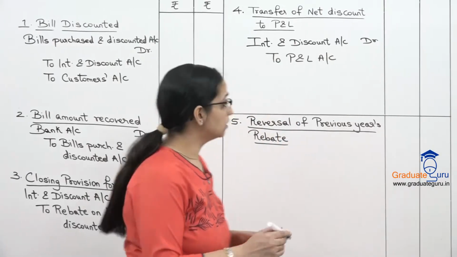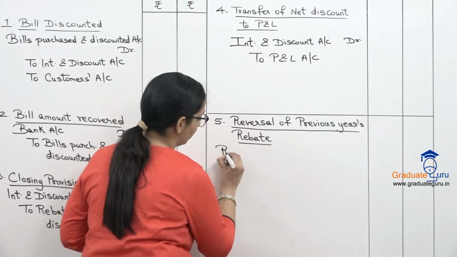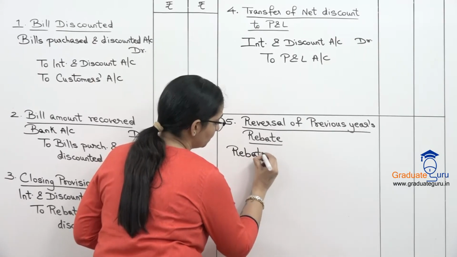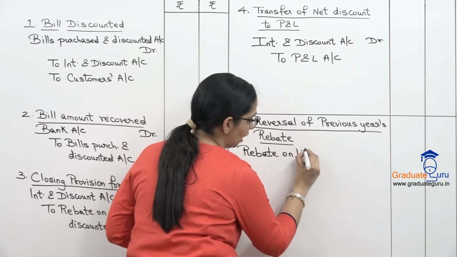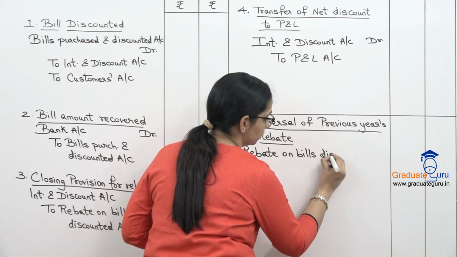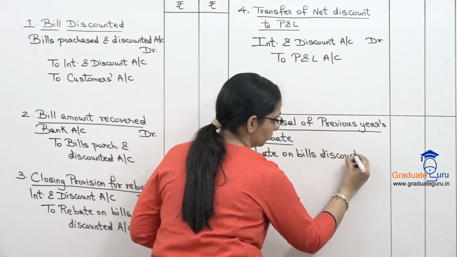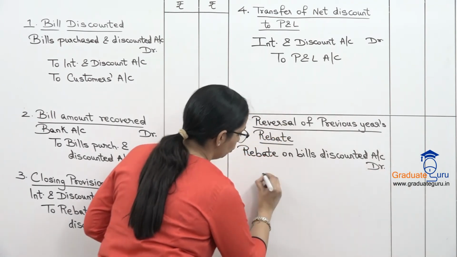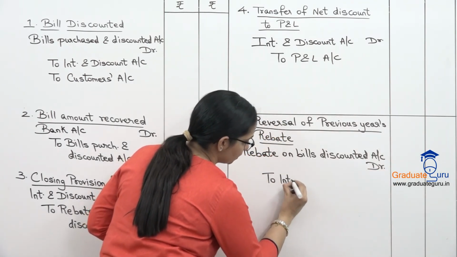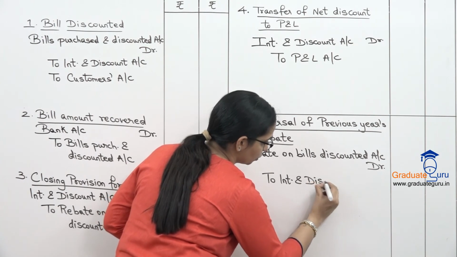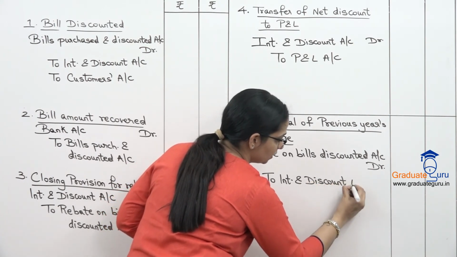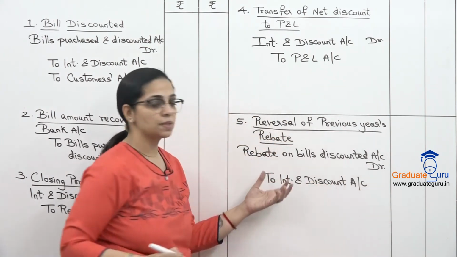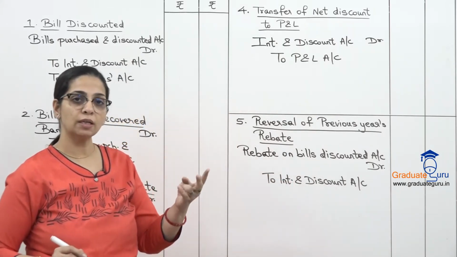So for that I just simply reverse that entry and it becomes rebate on bills discounted account debit to interest and discount account. So now next year again this becomes my income. So I am simply reversing that entry.